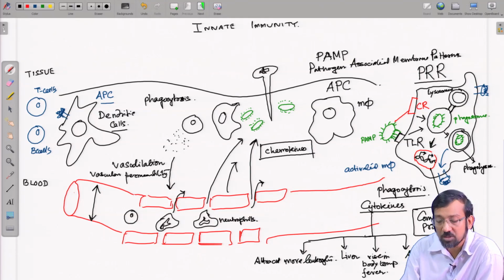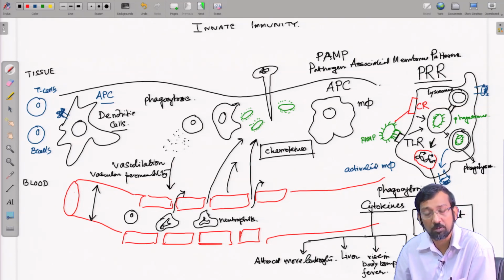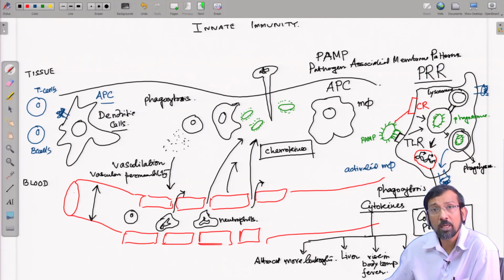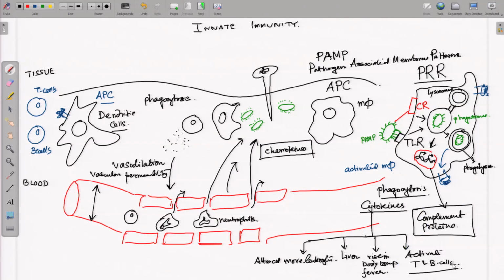Then there are the cells of the immune system, primarily the neutrophils, which are the first acting cells of the immune system, and they are very fast. They go to the site of action very fast. In our next lecture, we will describe how the neutrophils move very quickly to the site of action.